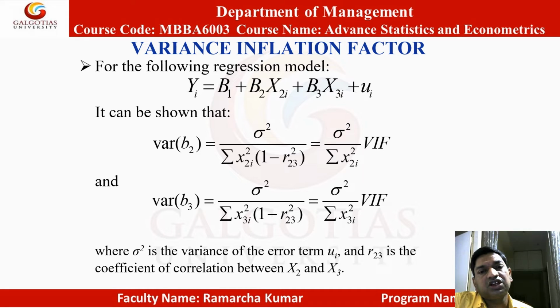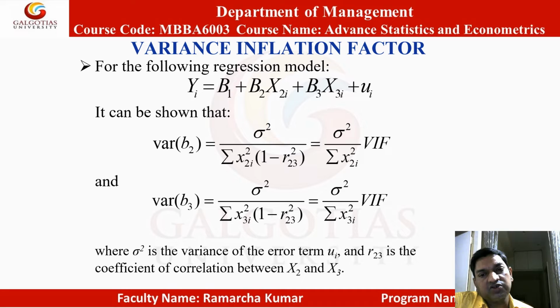So, sigma squared over summation x2i squared times VIF, and the variance of b3 is similarly sigma squared over summation x3i squared times (1 - r23 squared).